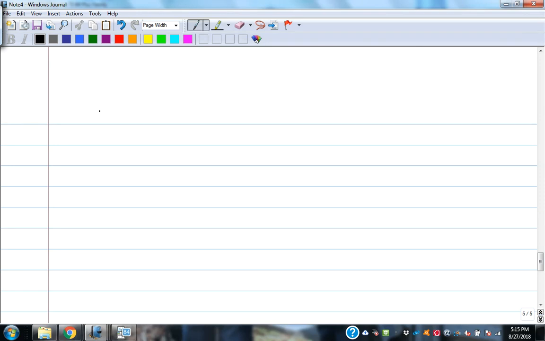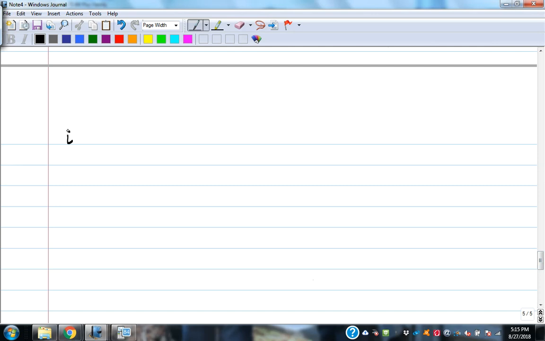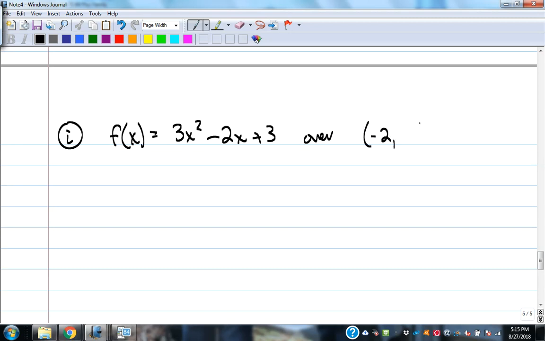Here's our function, f of x equals 3x squared minus 2x plus 3 over the interval from -2 to +1. We want to find the equation for the secant line.